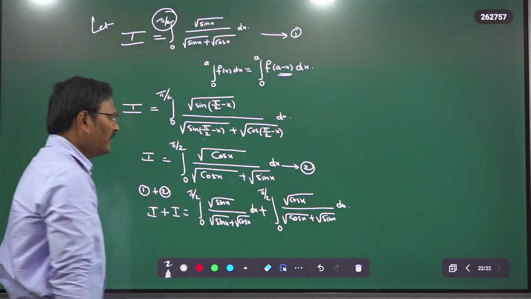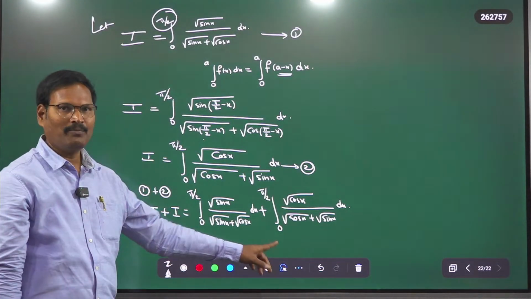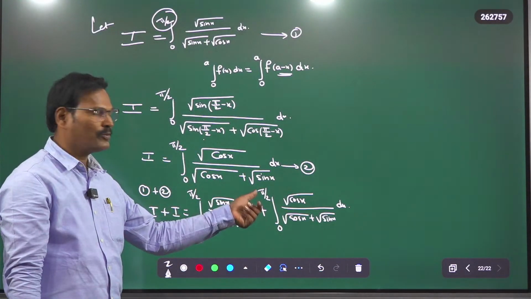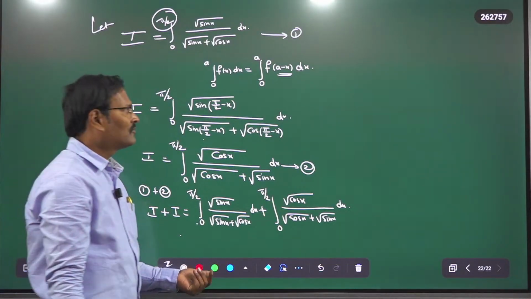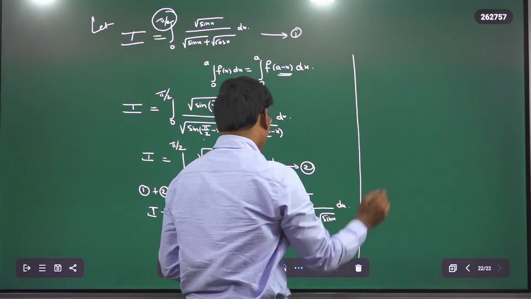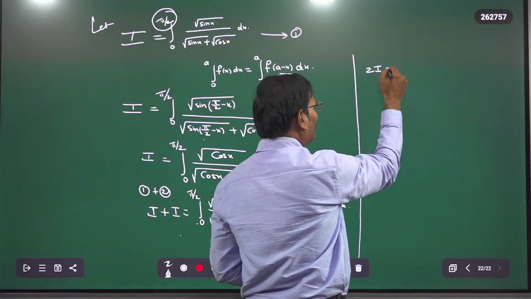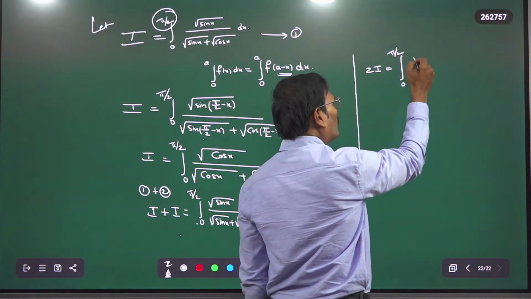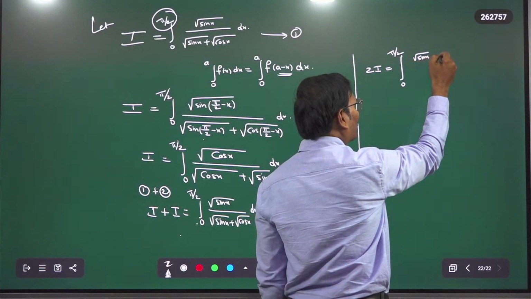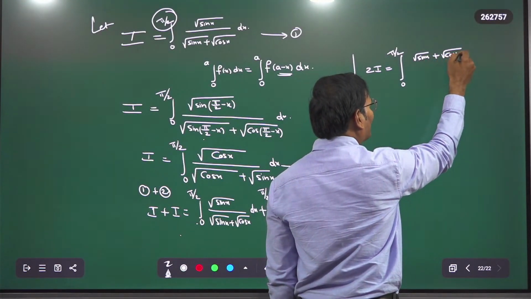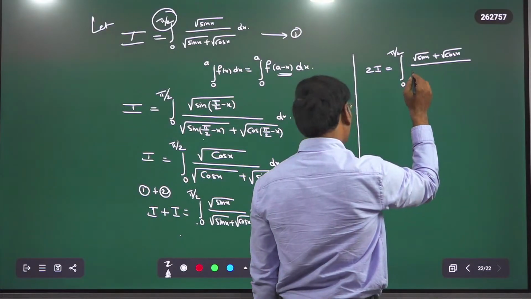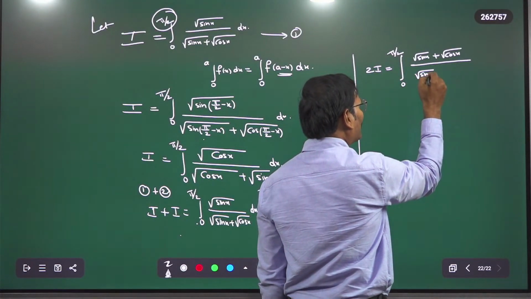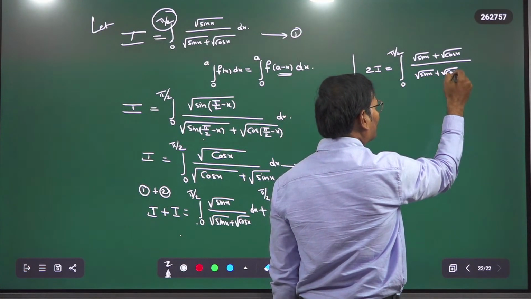So what did you observe here? Both have the same limits, 0 to pi by 2, both are the x limits. So I am writing like this. 2I is equal to integral 0 to pi by 2 root of sin x plus root of cos x. In the denominator we have the same now, root sin x plus root cos x dx.